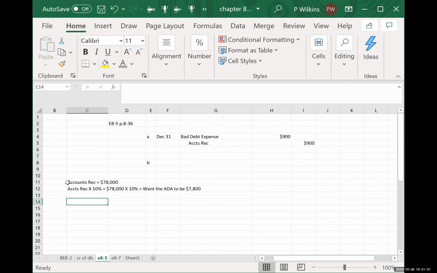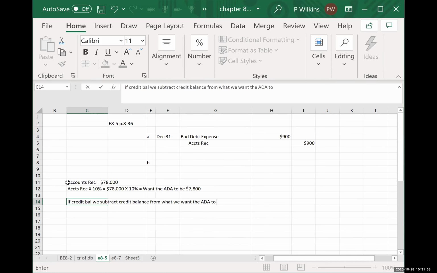So the rule tells us that if it's a credit balance, we are going to subtract the credit balance from what we want the ADA to be. So we're going to take $7,800 minus the credit balance of $1,100. So that is going to give us our entry dollar amount of $6,700.